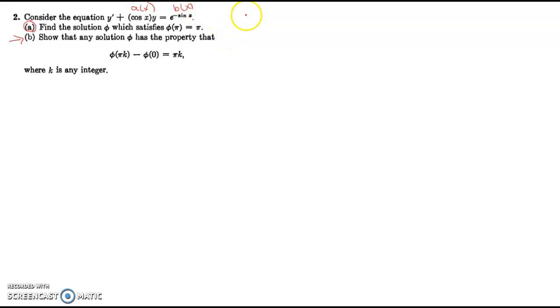All right, so again, I can go ahead and find our integrating factor, which is e to the integral of a of x dx. So this is going to be e to the power of the integral of cosine x dx. All right, so the integral of cosine x is sine x, so we know that e to the sine x is going to be our integrating factor.